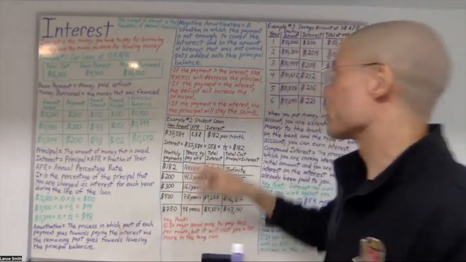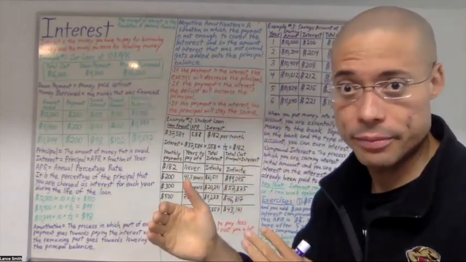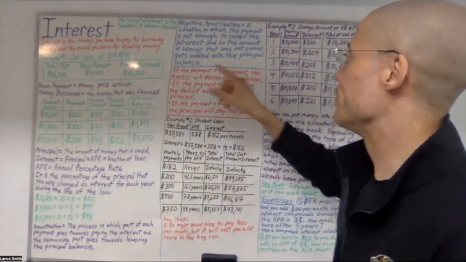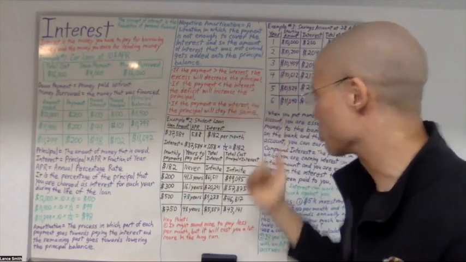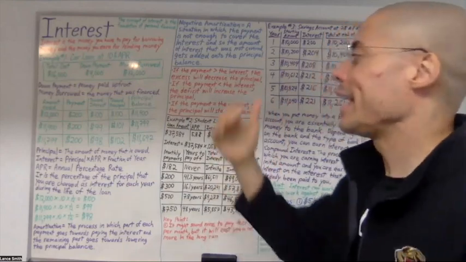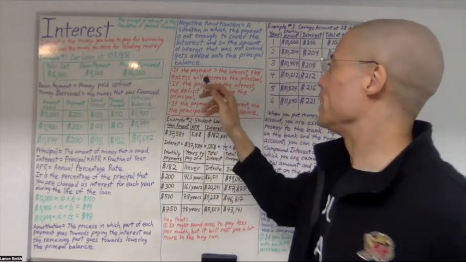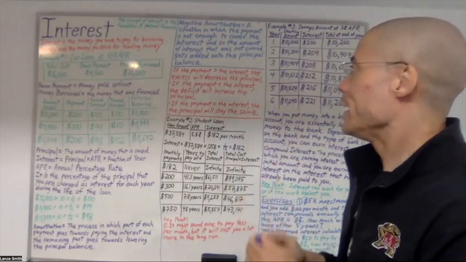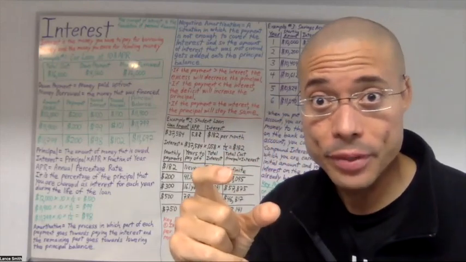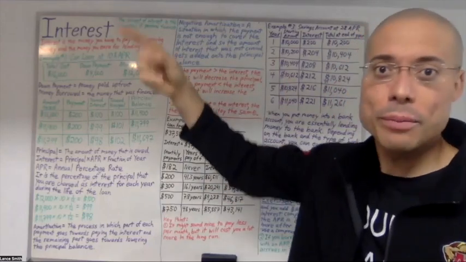Okay. So here's the situation. If the payment is more than the interest, then the excess will decrease the principal, and that's called amortization. Now, if the payment is less than the interest, then the deficit will increase the principal.